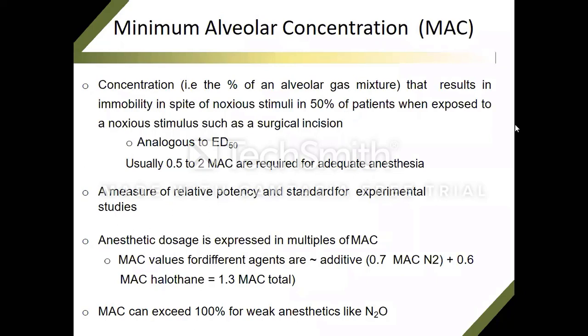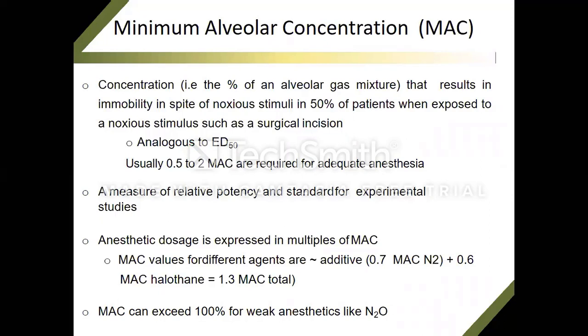Now we are talking about minimum alveolar concentration. I have also explained minimum alveolar concentration in my previous lecture. But again, I will go over it because this terminology will come again and again when we see each anesthetic individually. So it's a revision.